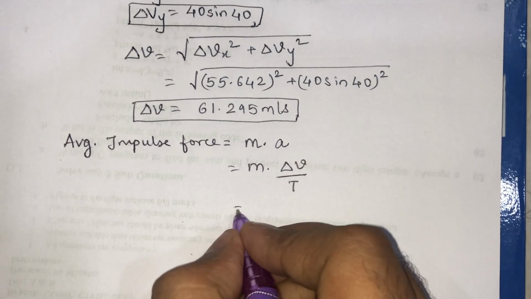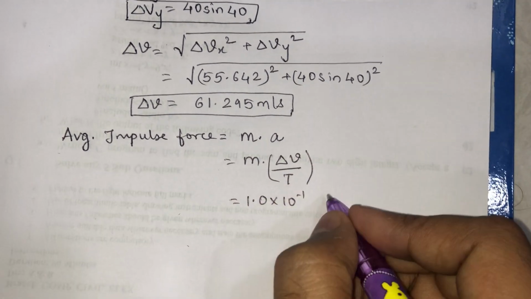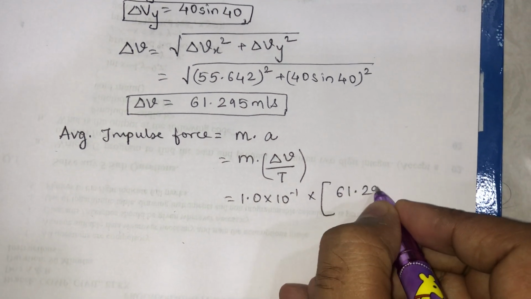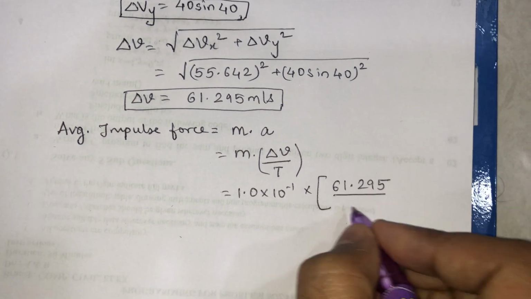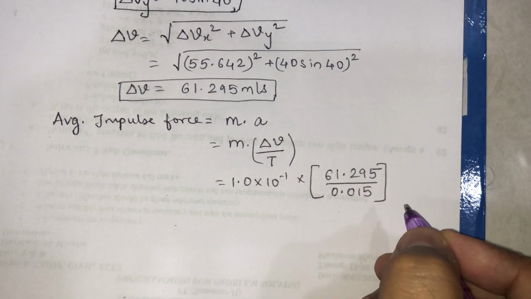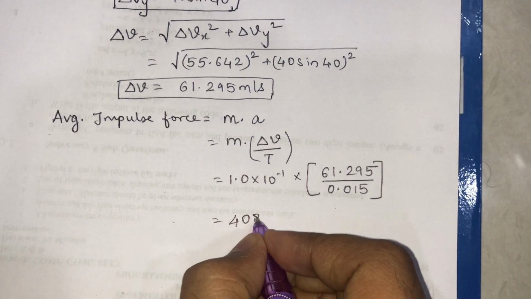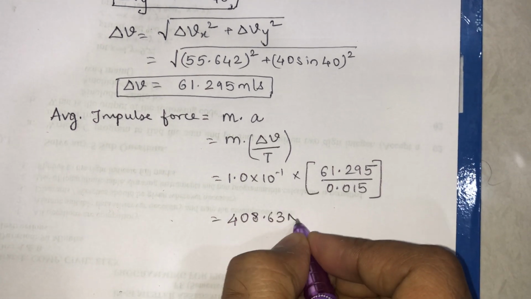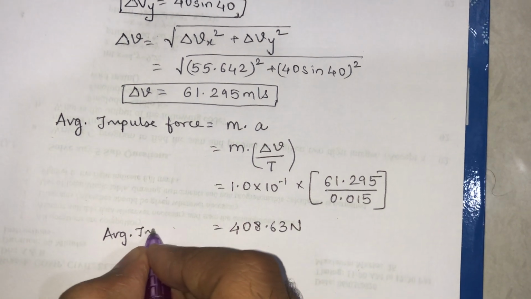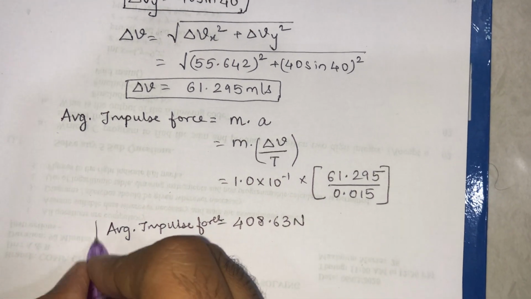So m is 1.0 into 10 to the power minus 1, into delta v, which is 61.295, upon the time, which is 0.015. With this, if you solve, you'll get 408.63 Newton. That is your average impulse force.